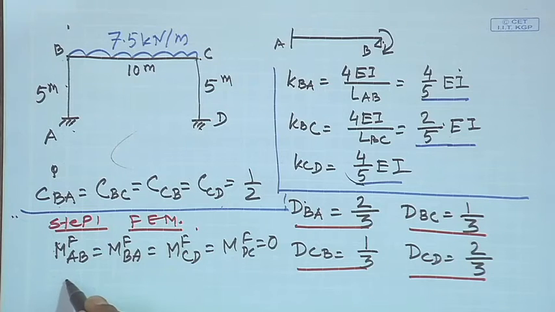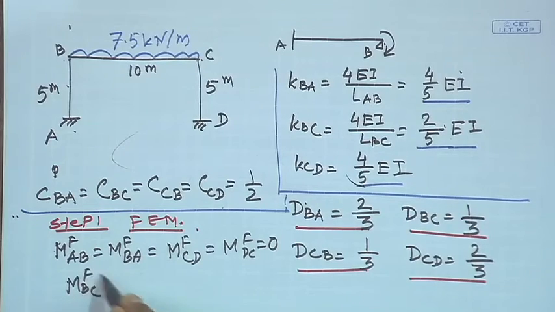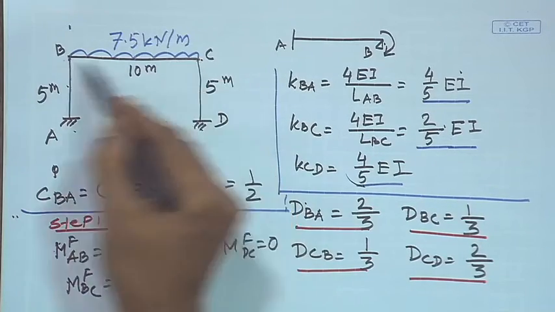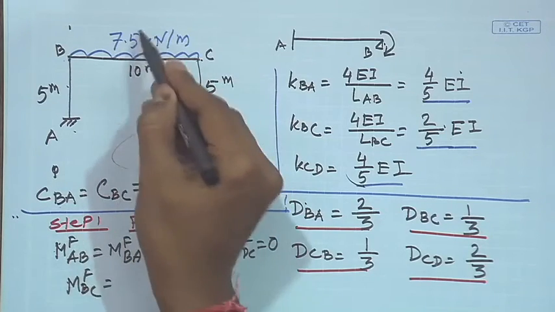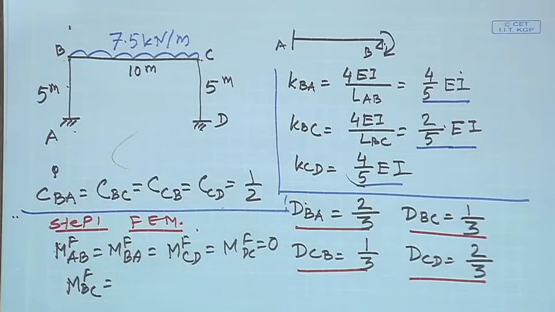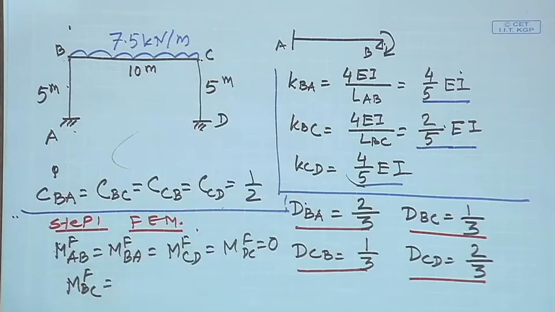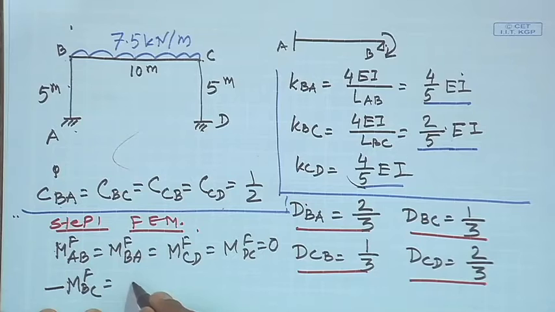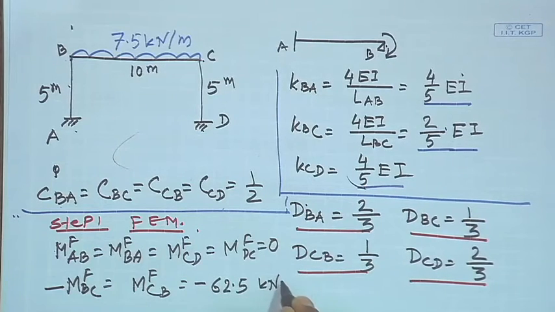And MBC fixed end moment will be WL squared, QL squared by 12, we have seen it, and Q is equal to 7.5, L is equal to 10 meter. Here it will be anti-clockwise and here it will be clockwise. So, MBC and MCB fixed end moments will be minus 62.5 kilonewton meter.